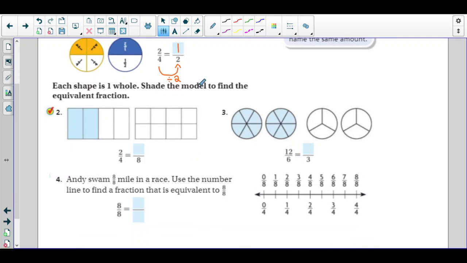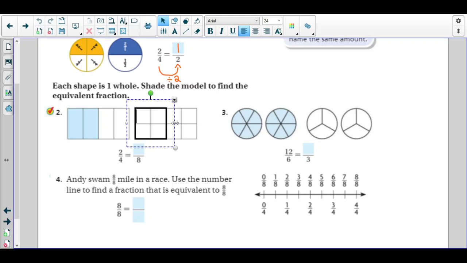Each shape is one whole. Shade the model to find the equivalent fraction. Okay, so we have 2 pieces colored in right there. So we'll go ahead and go 1, 2. All right. Even though it looks like 4, see that's 1 right there, which is the same as this right here.